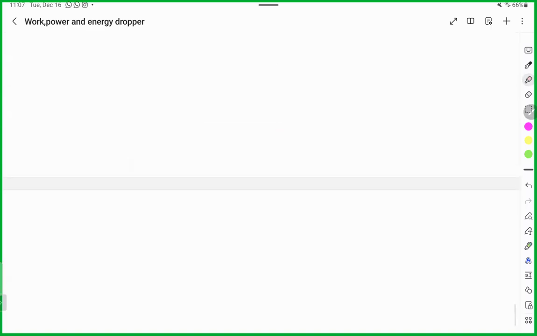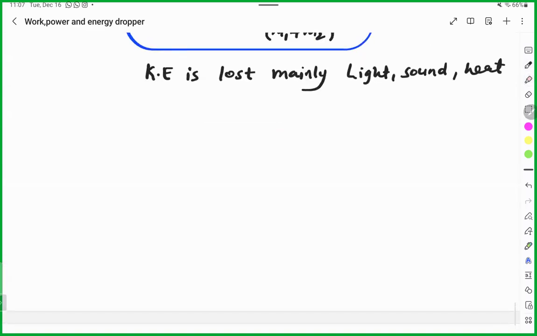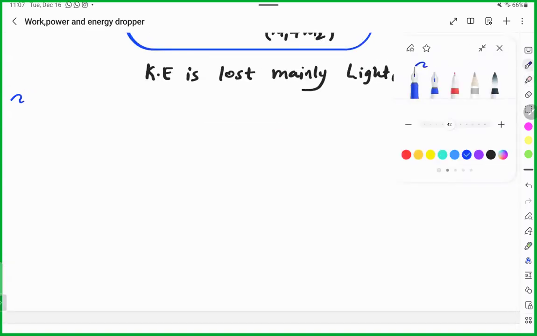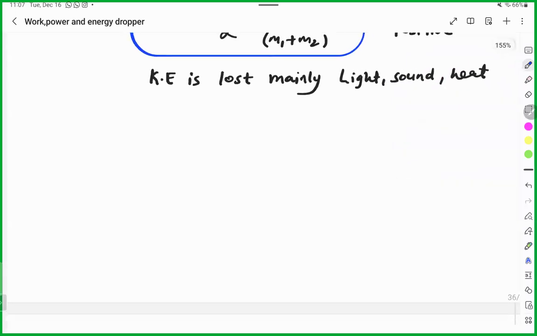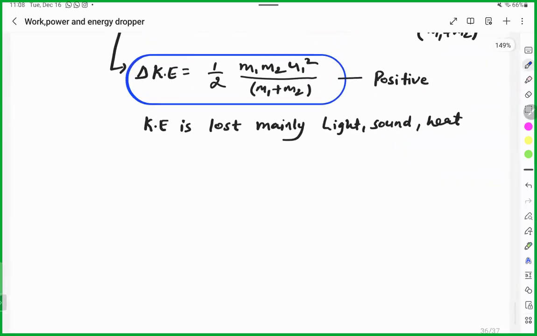How is this topic, by the way, Pratigya? How is this topic for you?